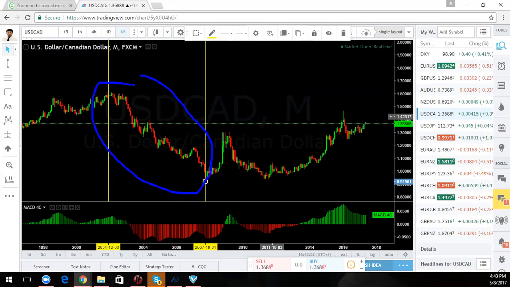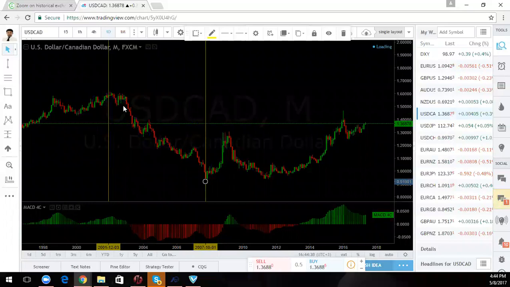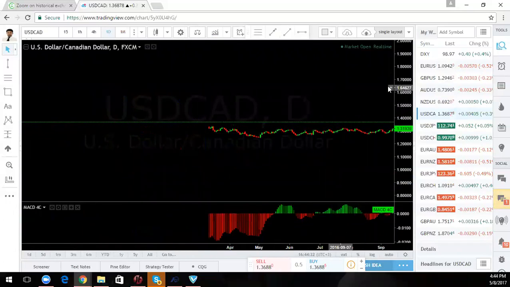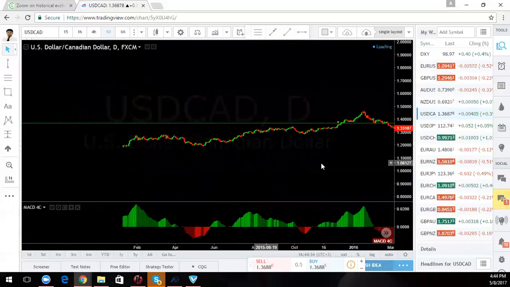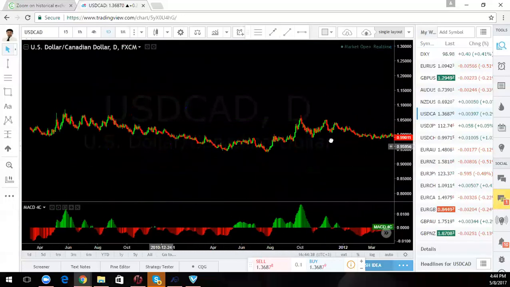That's the point. If you're looking at this, let's make an assumption that that is one piece. You don't know which part of that is a single wave. You want to break that up? You can go and break it up. Let's say you want to break it up in a lower time frame, a daily, for example. And you take that in a daily and you say, okay, tell me how many waves you have there in the daily. And then you see all of them go crazy, start arguing with each other.